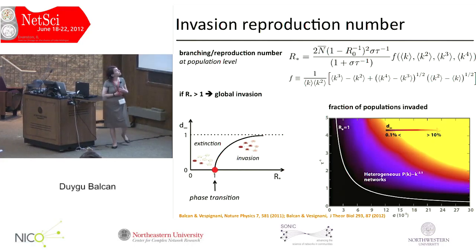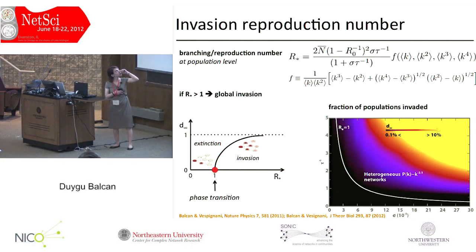From the analytical expression, you can see that the basic reproductive number at subpopulation level is determined by the higher moments of the degree distribution, which is not only the second moment in this case. It depends on the third and fourth moments.